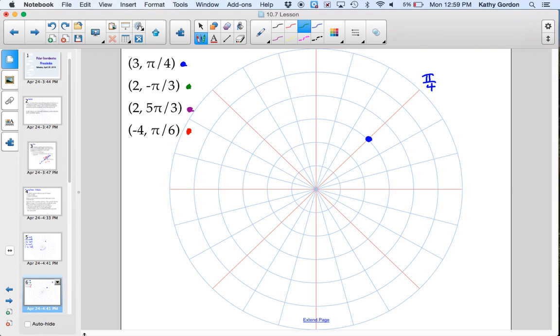Right there. Okay. So here's my negative pi over 3. Should my point be on that terminal side or going the other direction? On it, and how far from 0 should I be? 2. So 1, 2, right there.